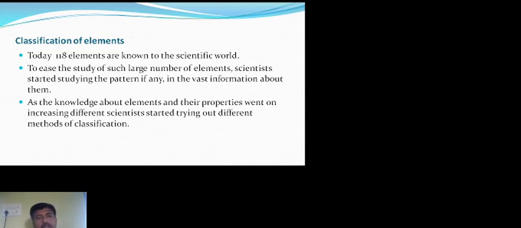Now let us see the first method of classification, by the scientist Dobereiner. It is called Dobereiner's Triads. Let us see the theme of this classification. In the year 1817, a German scientist Dobereiner suggested that the properties of elements are related to their atomic masses.